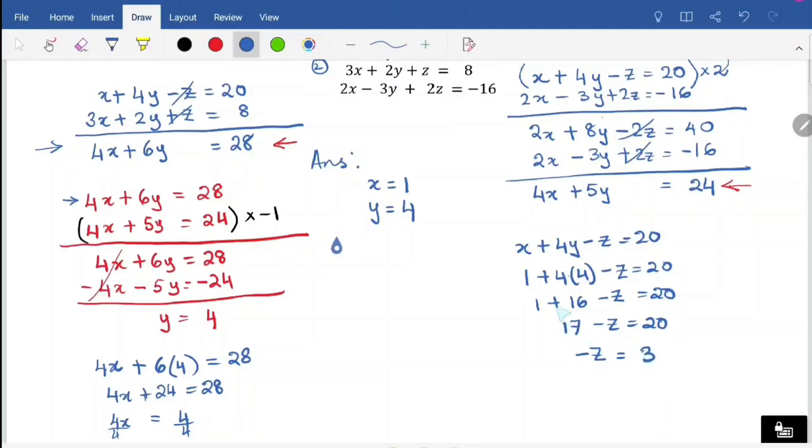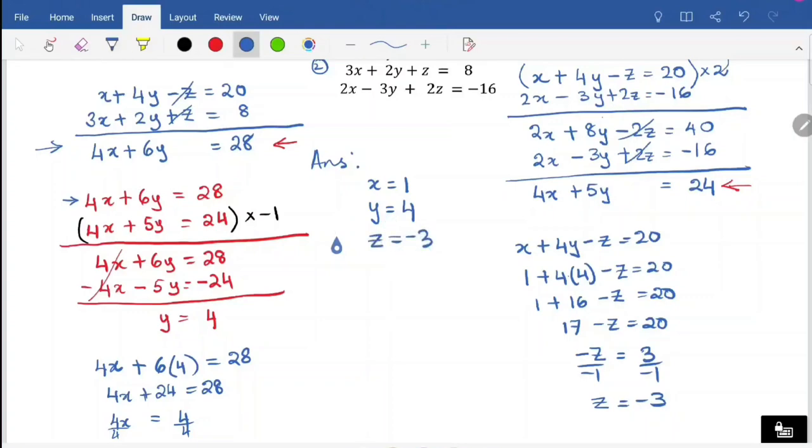I moved the 17 over to the other side, so it becomes minus 17 on the other side. So 20 minus 17 will be 3. So divide both sides by -1. So we will have z equals -3. All right. So z will have a value of -3.